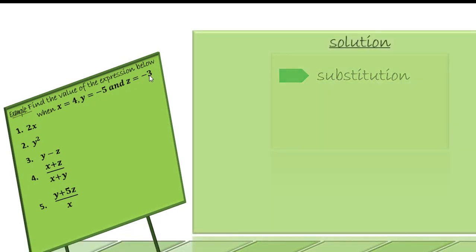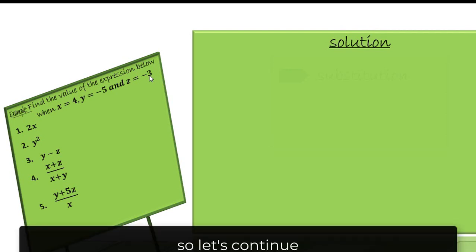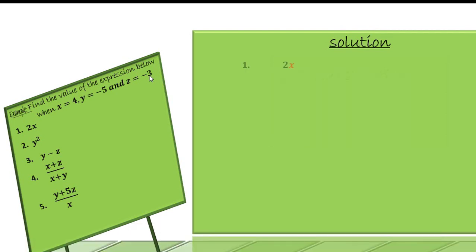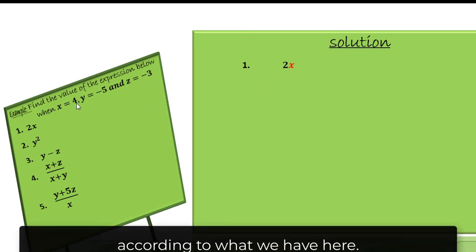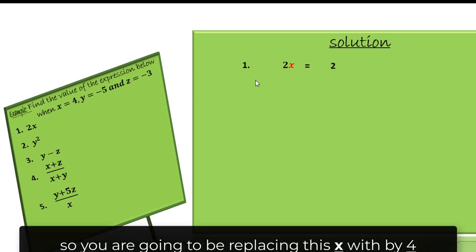So let's continue now. The first question says, question 1, simplify 2x. What is 2x when x equals 4? So you have 2 now, and you are going to be replacing this x by this digit 4.